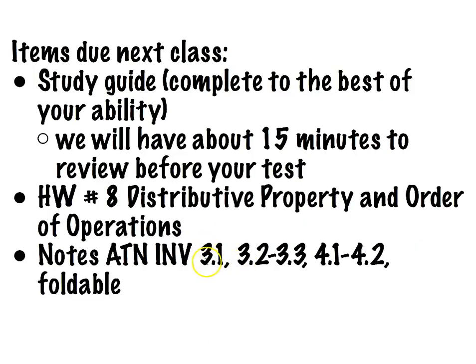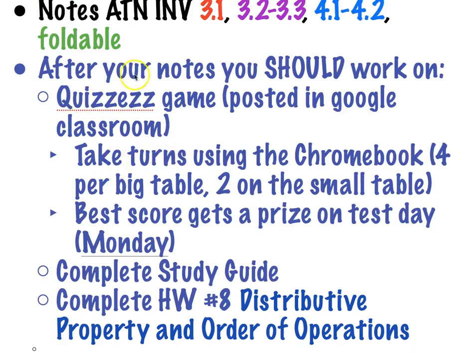Okay, those are your notes due next class. This is 1. 4 notes that are due next class. That's 1. This is 2. This is 3. And this is the foldable that you used before your quiz. That's 4 items.